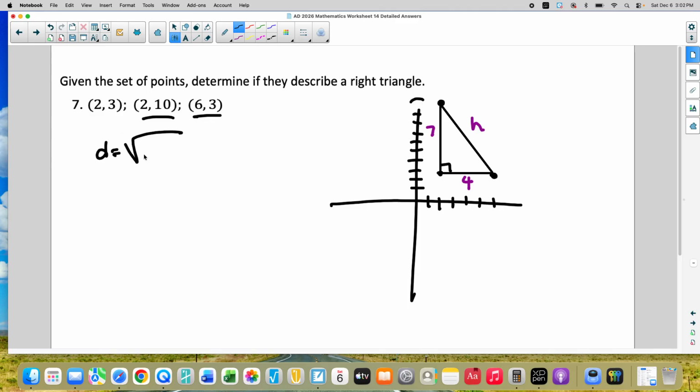And that's going to equal 6 minus 2 squared plus 3 minus 10. This is a silly question.